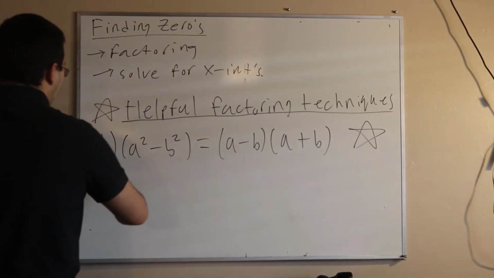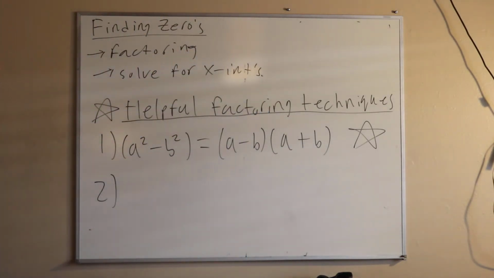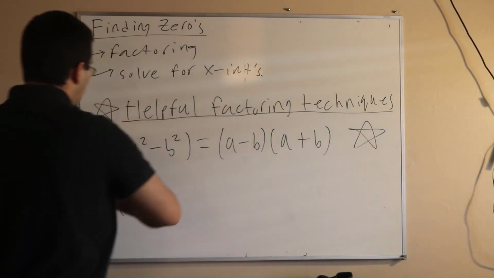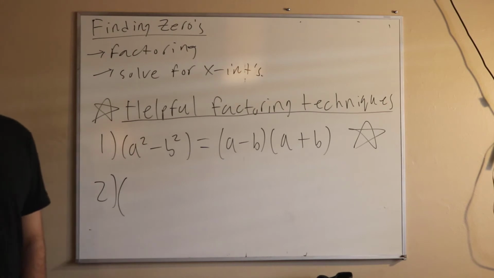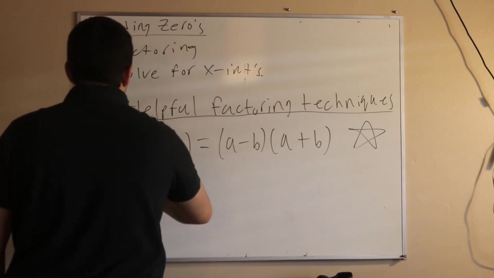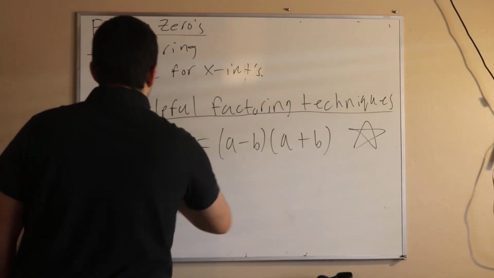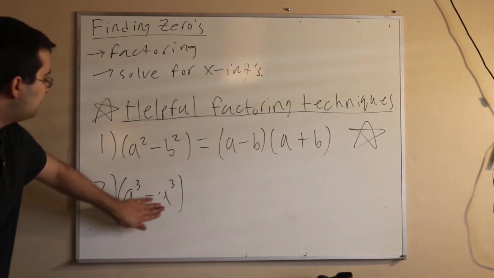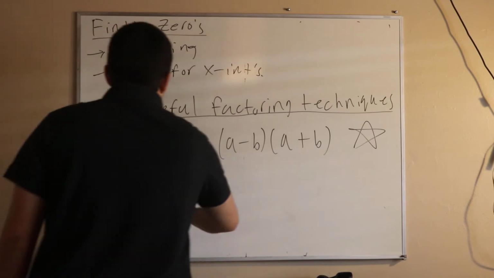Now, one that's used not quite as often, but is still just as equally important to know is, well, here we had two values being squared. Let's just go ahead and bump up the power by 1. What happens when I have two values being cubed, and I take the difference of those? So a cubed minus b cubed.